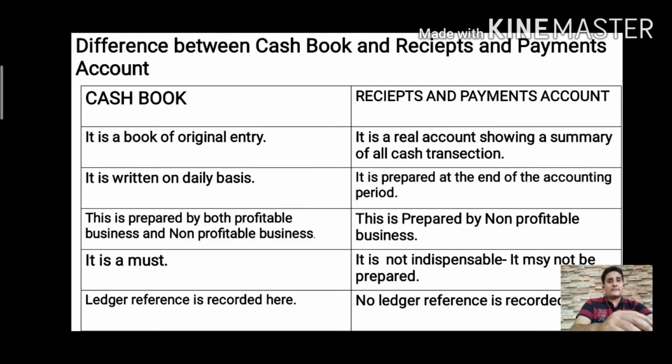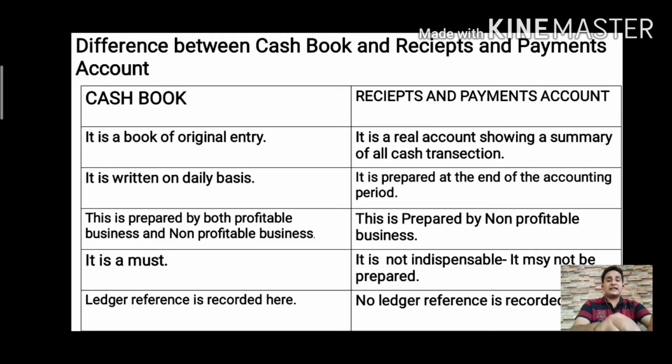So let's see the difference between the cash book and the receipts and payments account. The cash book is an original entry, but the receipts and payments account is a summary of the cash book, a summary of cash transactions. The cash book is written on a daily basis, date-wise.